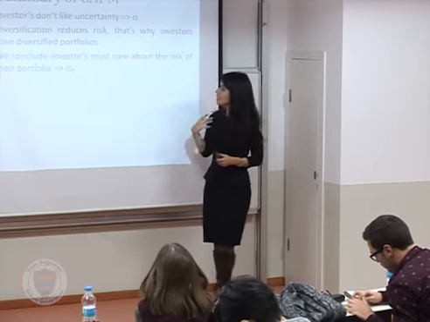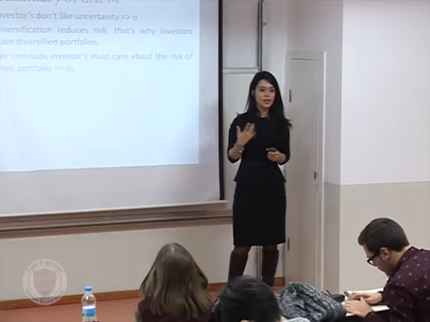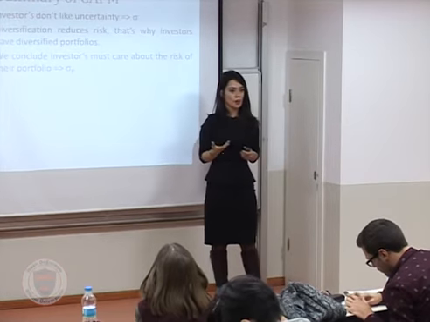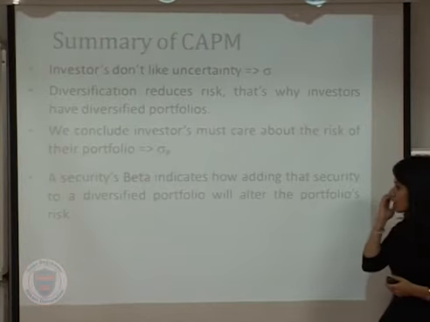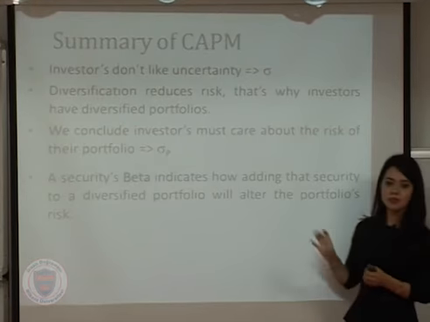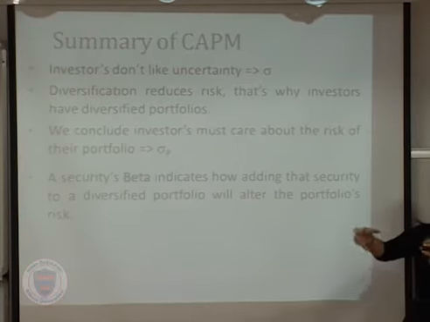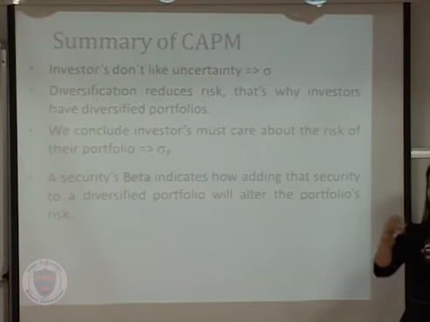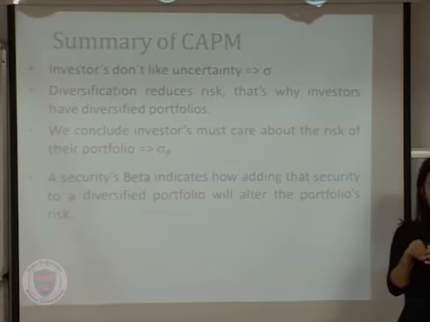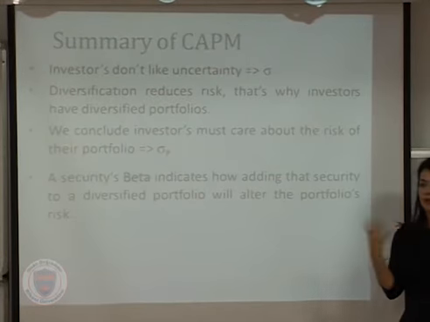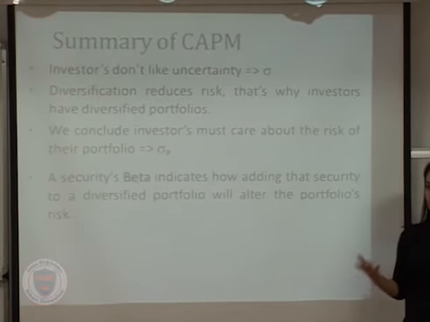The risk you cannot get rid of is the systematic risk. It's the market risk. So for CAPM, we are basically trying to figure out how adding a stock in your well-diversified portfolio will affect the return it creates for you.